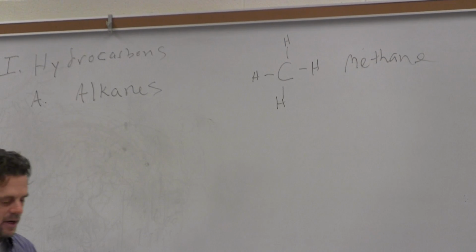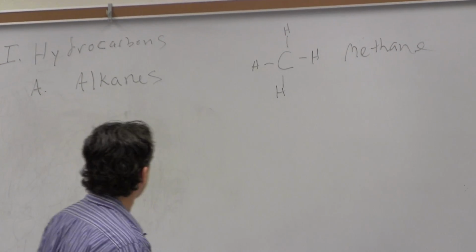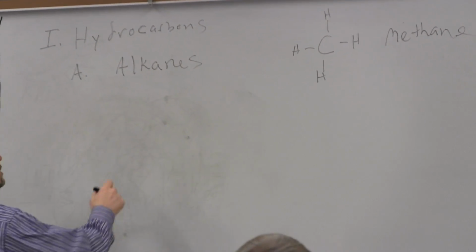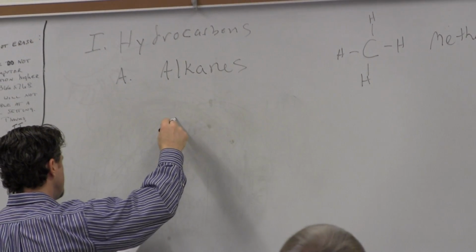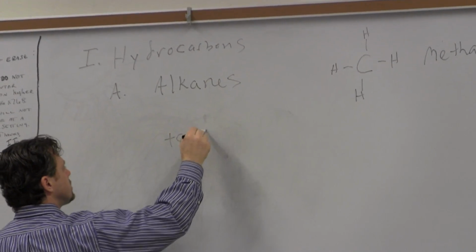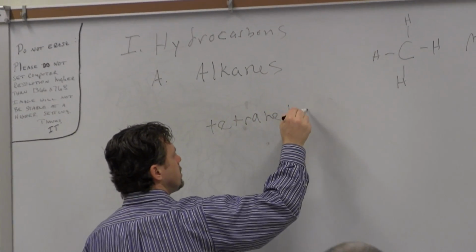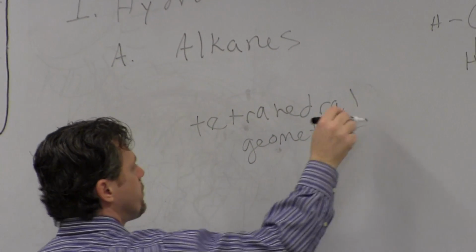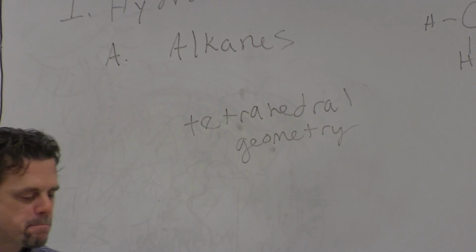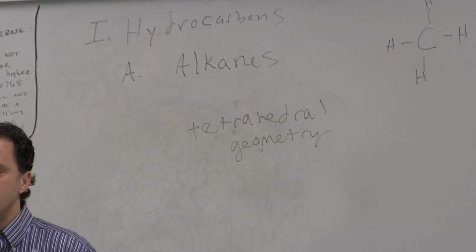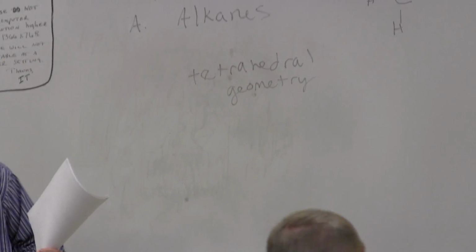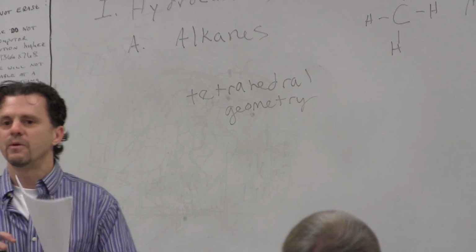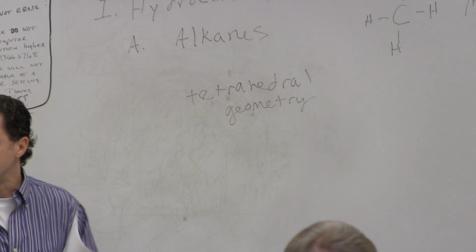The geometry of all the carbons in the alkane series is what we call tetrahedral. In the unstrained alkane, those of you who've had organic chemistry know that when things become strained, these geometries change.